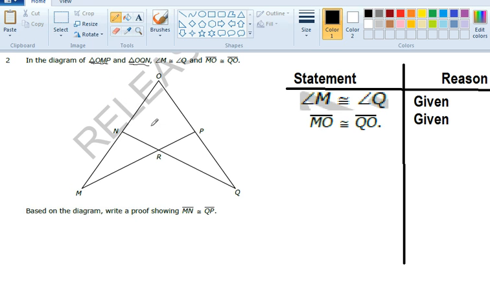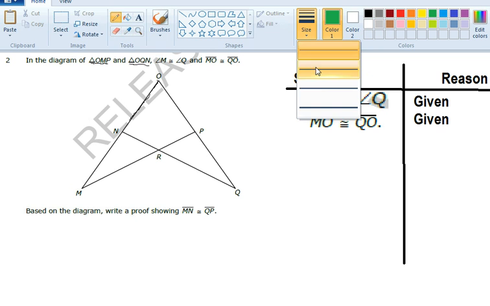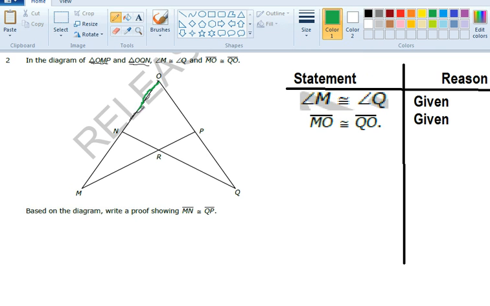They name OMP, this. I'm going to do this in green. They named this triangle, and I'm going to do the other one in red, and this triangle. Okay?